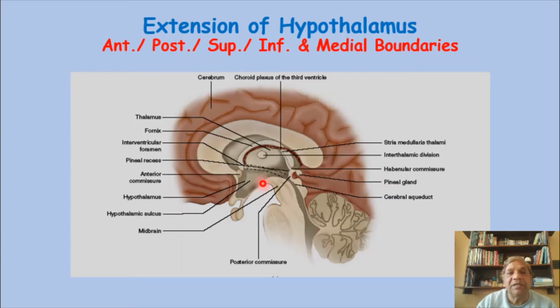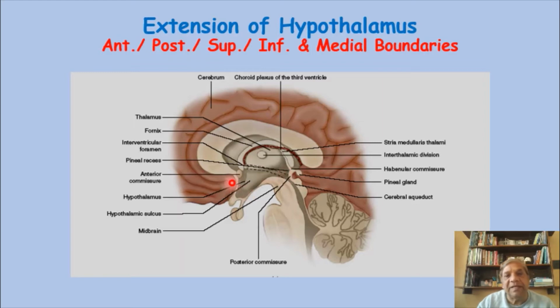So it extends to a vertical imaginary line passing posterior to the mammillary body, somewhere here where my cursor is moving. So from here to here, this is the extent of the hypothalamus below the subthalamic sulcus, or the hypothalamic sulcus.